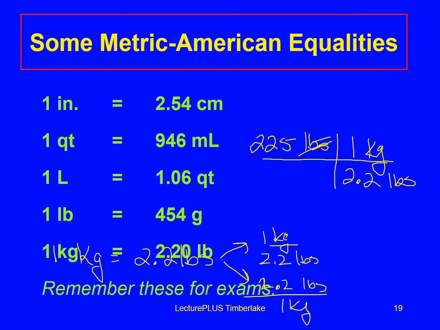And pounds cancels off. And now it's multiply across the top, divide by the bottom, and you would end up getting about 102 kilograms.